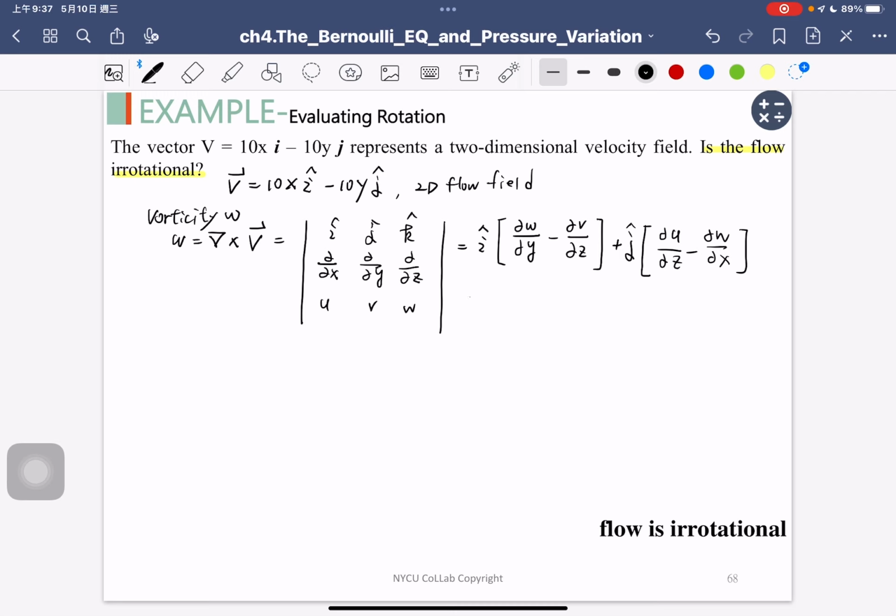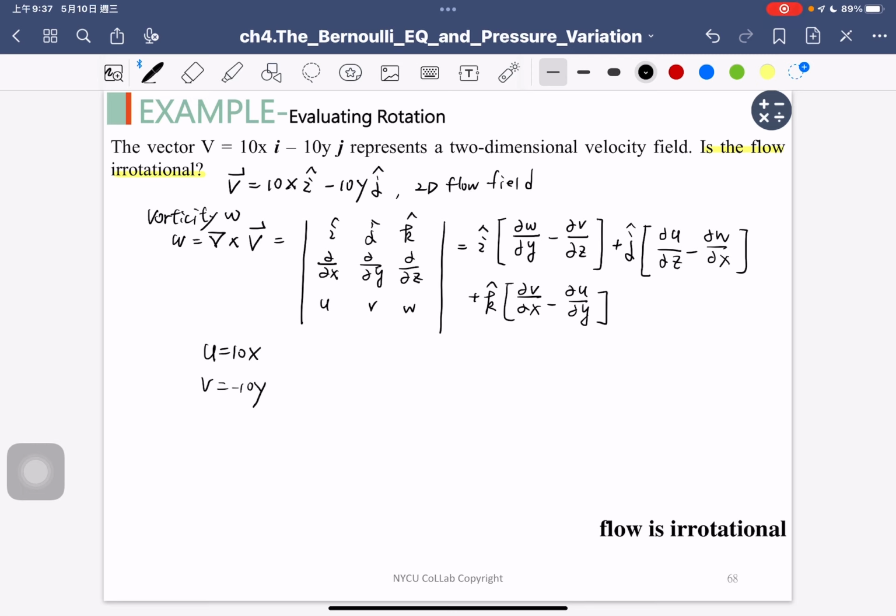Finally, we only focus on the rotational angle along the z direction, the k direction, so we only compute the two operators dv/dx minus du/dy. Now the velocity u is equal to 10x, and the velocity v is minus 10y.